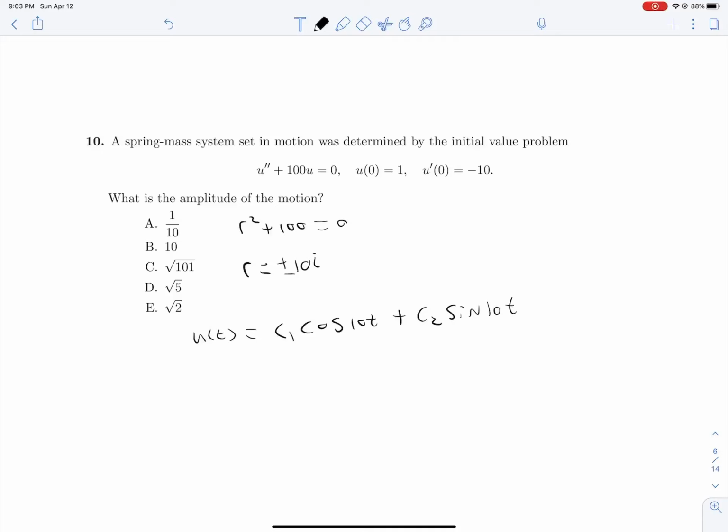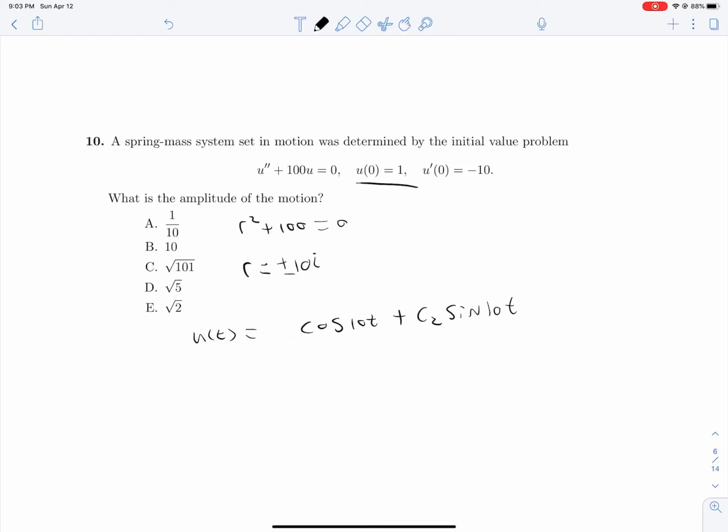That's looking pretty good. We can solve for our cosines and sines by taking u of 0 being equal to 1. That will just cancel out this term here completely and leave us with a 1 c1 over here. So c1 is equal to 1.